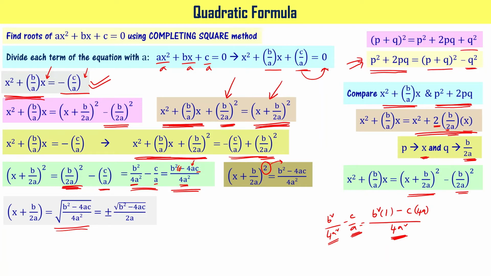That way the numerator will be having square root of b square minus 4ac and denominator is 2a, right? You have square root of 4a square is plus or minus 2a. That's what we have written there. Now you have x plus b by 2a equal to plus or minus square root of b square minus 4ac divided by 2a, right?